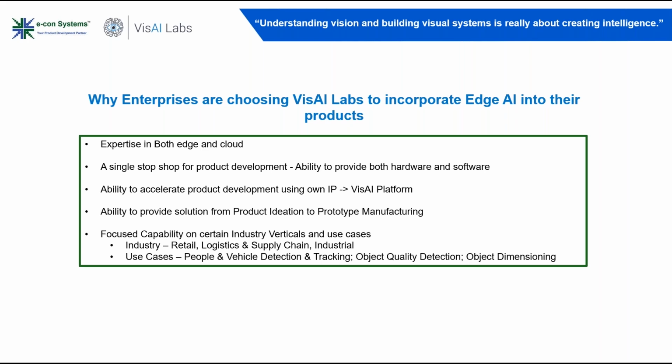We have the ability to provide both hardware and software, the ability to accelerate your product development using our own IP, which is this AI platform, as well as our own product development methodology, and the ability to provide a solution from product ideation to prototype manufacturing. We help you do product ideation, we help you build the POC, we help you choose the camera, we help you choose the processor, we help you build the algorithm and optimize the algorithm, scale the product to a production ready solution, and also do the prototype manufacturing.